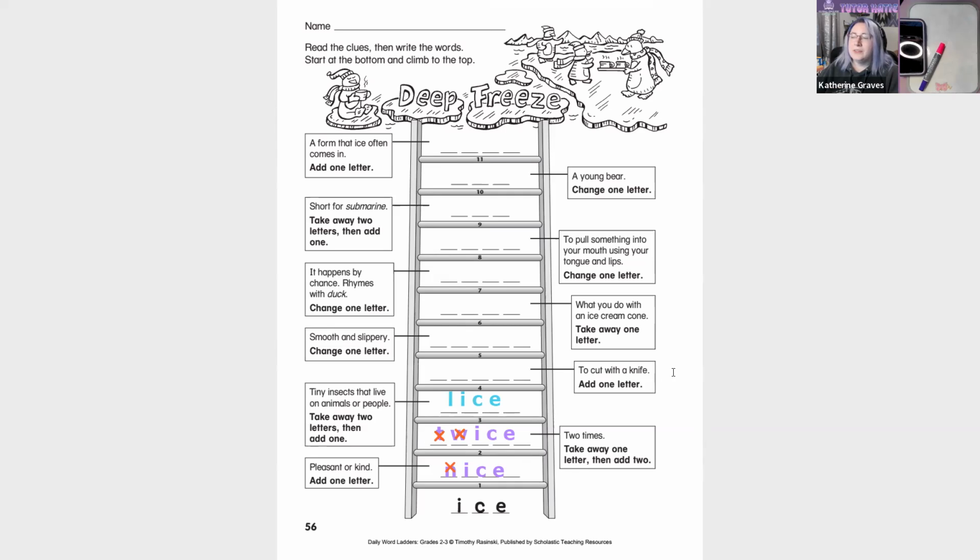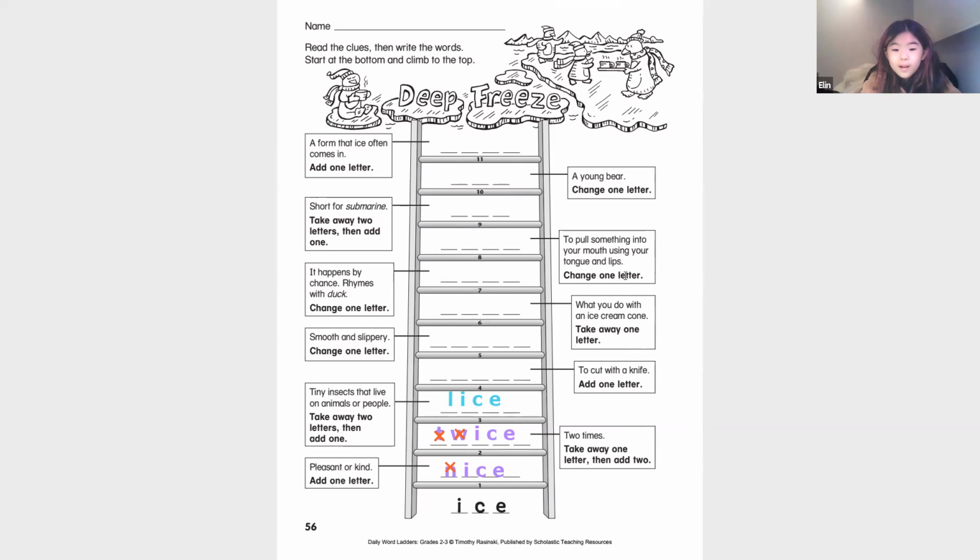All right. To cut with a knife, add one letter. It also can refer to an individual portion of a pie or a pizza. Slice.